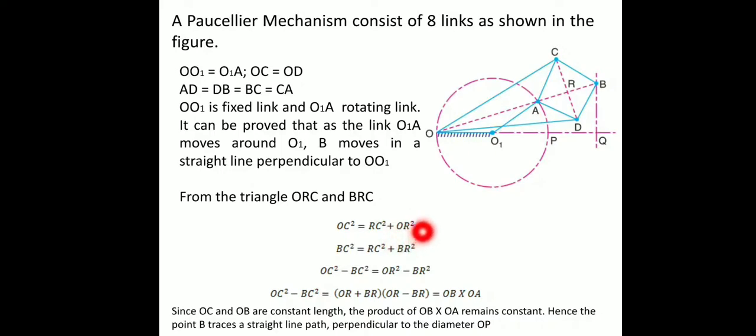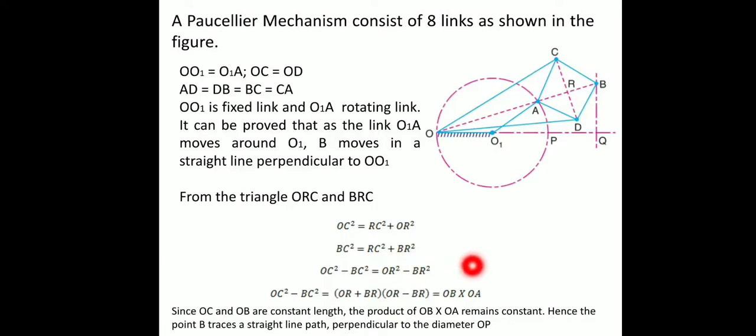When subtracting equation 2 from 1, OC square minus BC square is equal to OR square minus BR square, as RC square minus RC square becomes 0. And finally, we know that A square minus B square is equal to A plus B into A minus B. Substituting that relation, we get OR square minus BR square is equal to OR plus BR into OR minus BR.